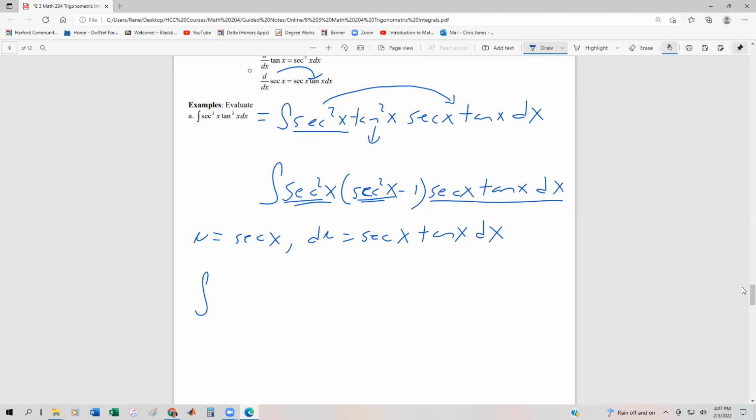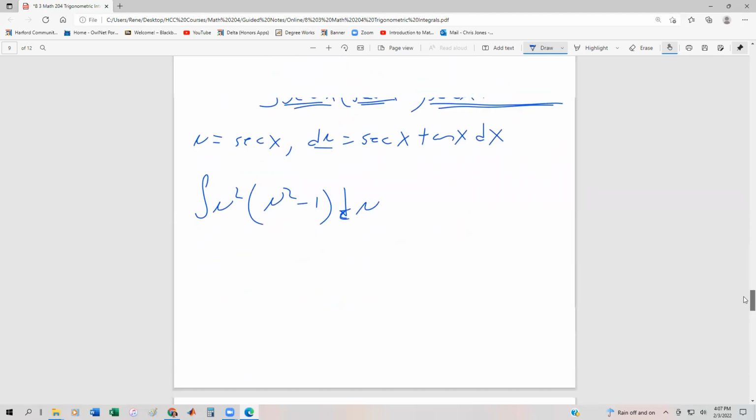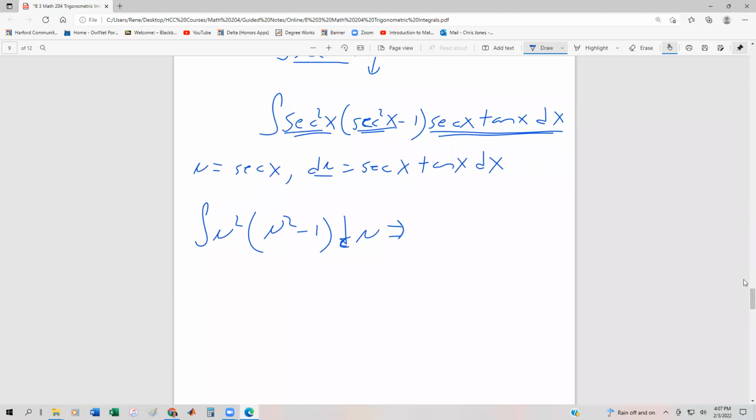So now we have the integral of u squared times the quantity u squared minus 1, and instead of secant x tangent x dx, we have our du. Before we integrate, we distribute the u squared. So this is the integral of u to the 4th minus u squared du.